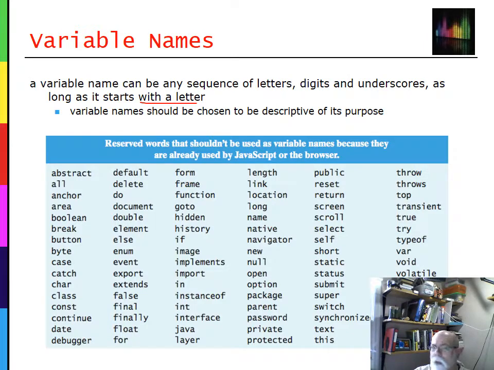Now, every language, whether it's C, C++, Python, whoever, has what they call reserved words. Right here they are. Here are the reserved words that we cannot use as variables.